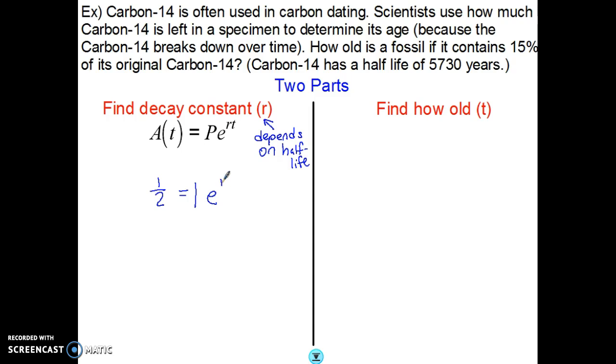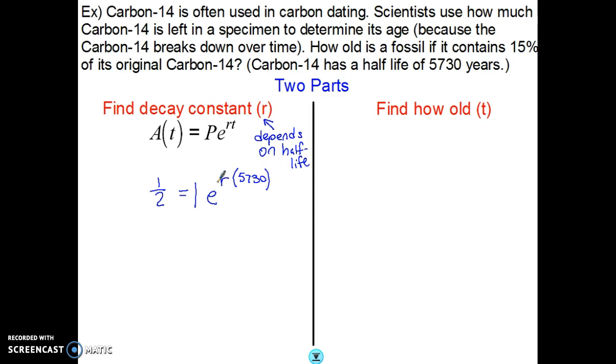We don't know what R is, that's what we're trying to solve for. But we do know how long it takes to get from 1 gram of carbon-14 to half of a gram. It takes 5,730 years, because that's how long a half-life is. So now we only have our one variable to solve for.